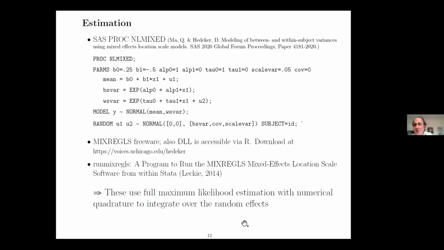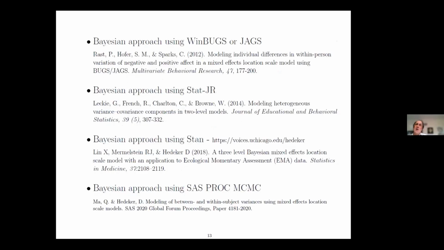Well, having said frequentist, you know what's coming next. There are also Bayesian approaches that one can take to estimate such models. And there have been a number of articles in the literature describing use of various Bayesian software programs: WinBUGS, JAGS, StatJR, Stan, and also SAS PROC MCMC.